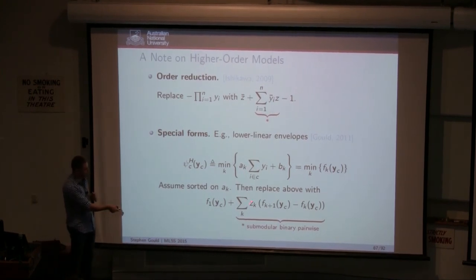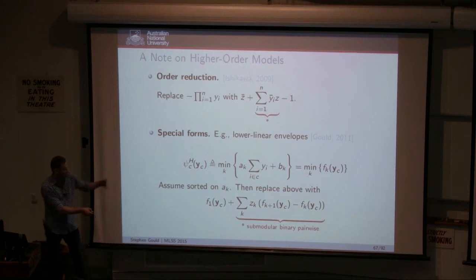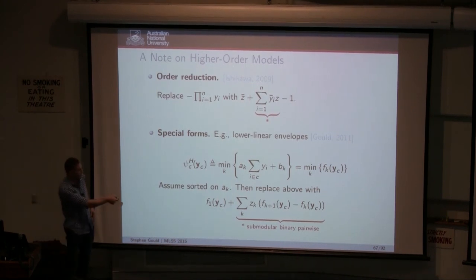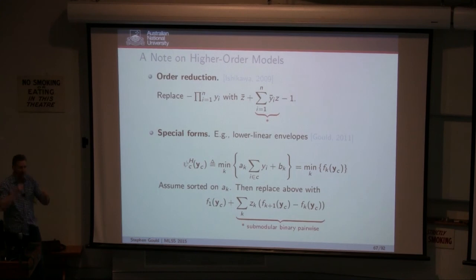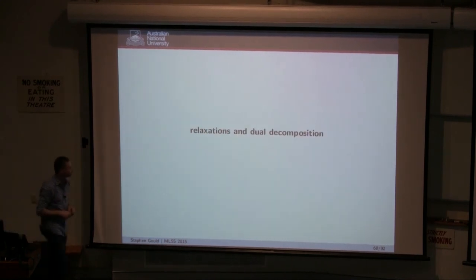And so now there's a mapping between these auxiliary variables z, which are binary, and the k that you choose as the minimizing k, right? And if you sort of stare at this for a little bit, or substitute these functions fk down here, you'll notice that you end up with these pairwise terms between z and y, and so again you have a pairwise binary MRF.